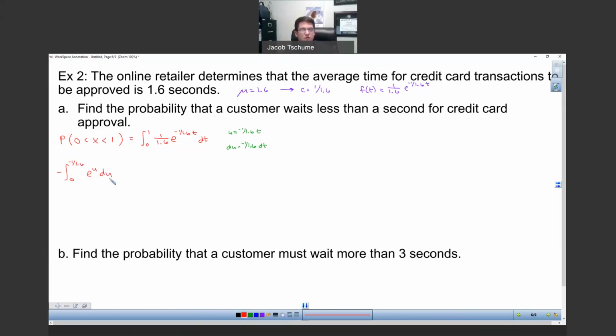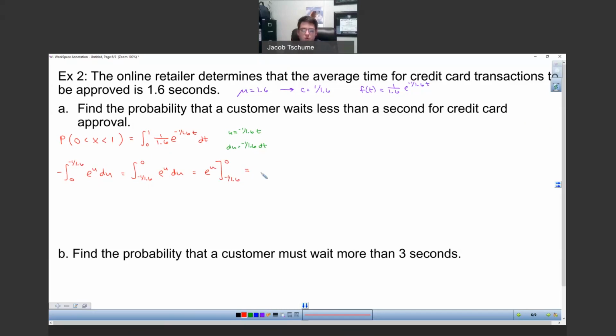And you're starting to hopefully notice a pattern of how a lot of these work. You can flip your parameters over, and we will integrate from negative 1 over 1.6 to 0 of just e to the u du. So that integrates pretty nicely into e to the u, evaluated from negative 1 over 1.6 to 0.